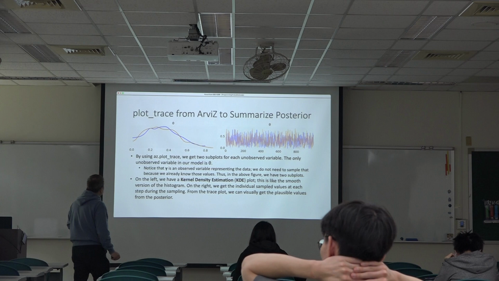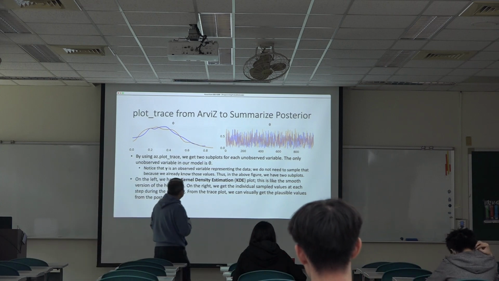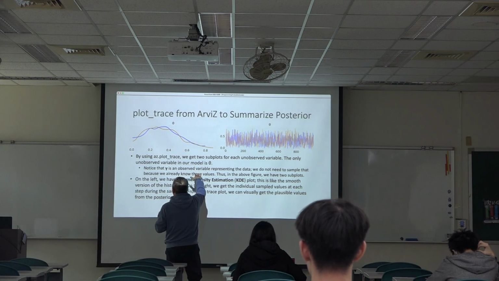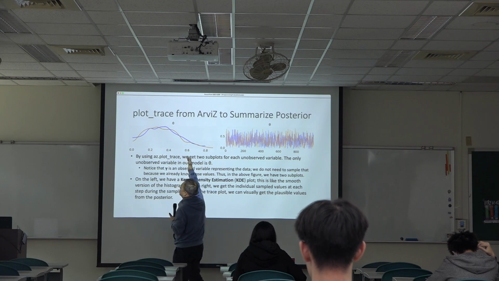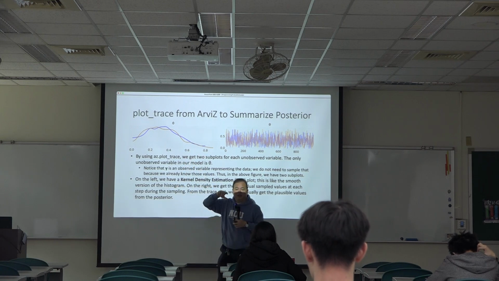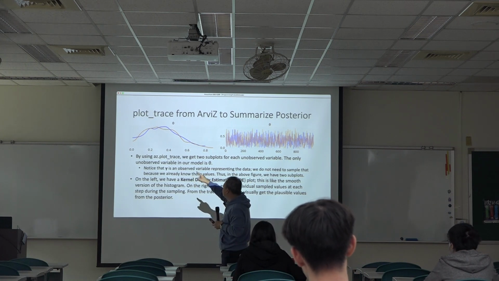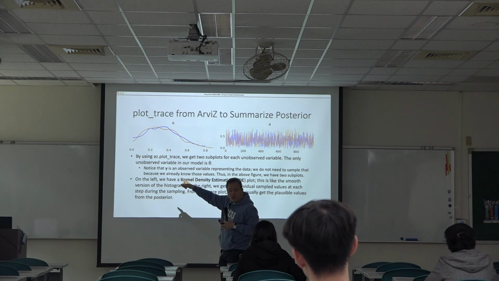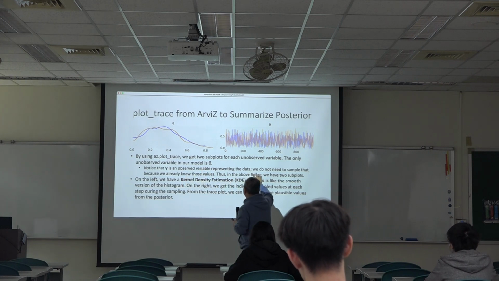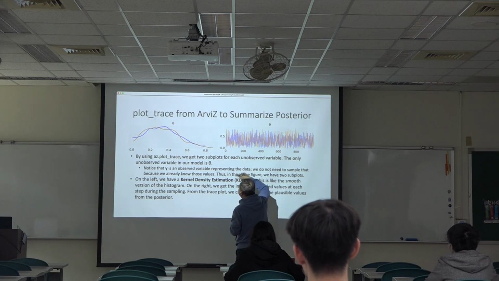The first one is a kernel function. You can consider this as a smoothed histogram for the distribution of theta. The right-hand side indicates the value for each sample.